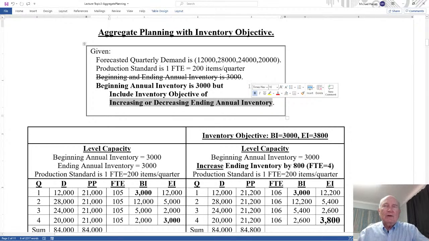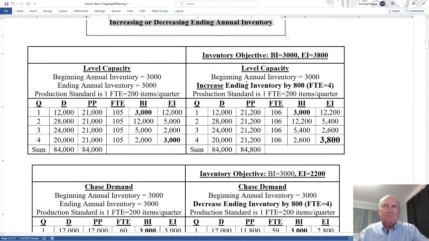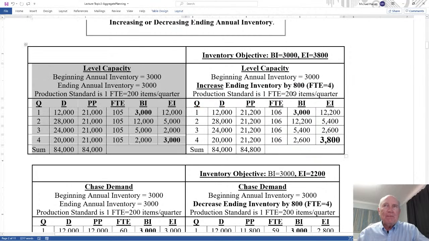And so let's start with level capacity in the first example. So my inventory objective is I want to start with 3,000. I want to end with 3,800. So this is what I had on the first page. So I copied this over so we could see this. Okay. Now here we're saying our beginning annual inventory is 3,000, but my objective is to increase the ending inventory by 800.